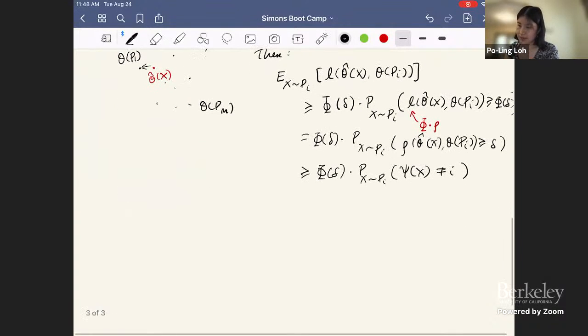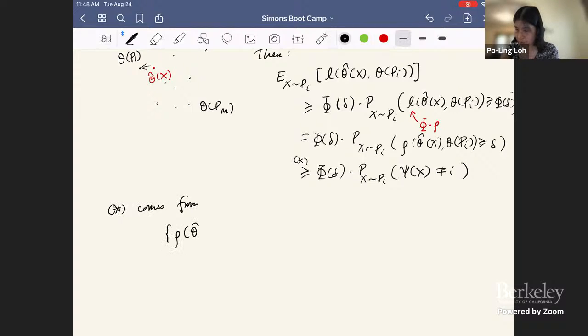Okay. So why is this last statement true? Well, if you think about it, let's say star comes from the containment that the event that rho of theta hat of x, theta of P_i is less than delta is contained in psi of x is equal to i.